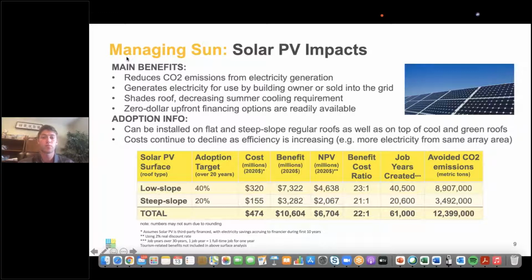In doing these calculations and the third-party financing calculation, we assume that the initial costs, like the financing payments, are actually equal to the net electricity value for the first 10 years. So these benefits aren't even assumed until year 11, but they contribute a great deal towards the economic case of solar PV on buildings in Baltimore, as well as the significant number of jobs created.